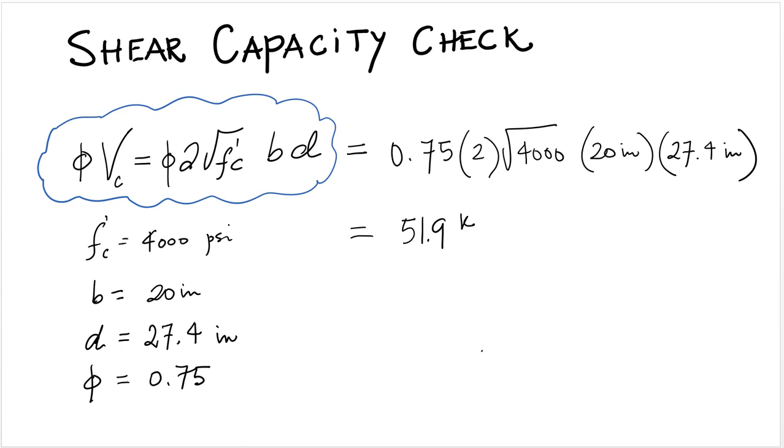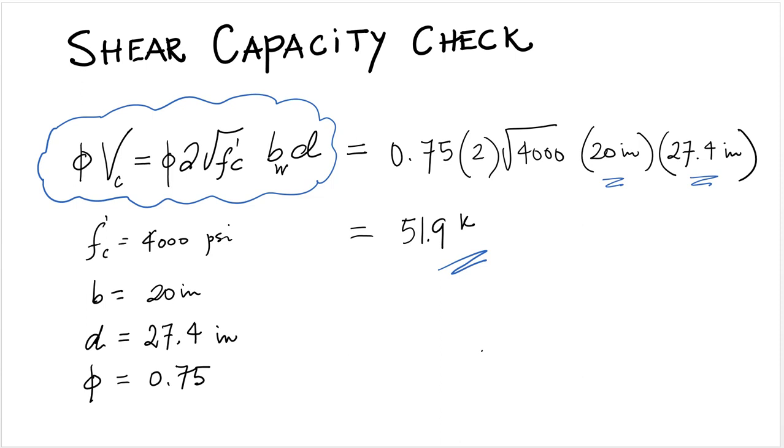In this case, b is b web, which is 20 inches, and d is 27.4. If we do the calculations, we obtain a value of phi Vc equal to 51.9.